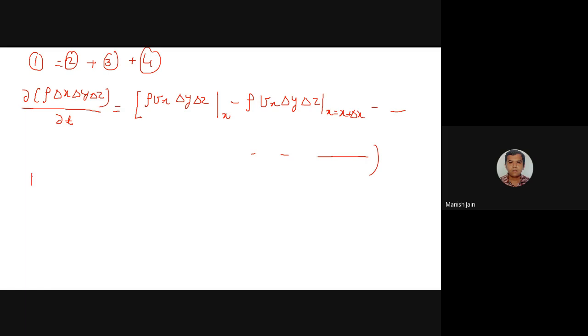Okay, now divide the equation by volume of control volume, so you will get a point.